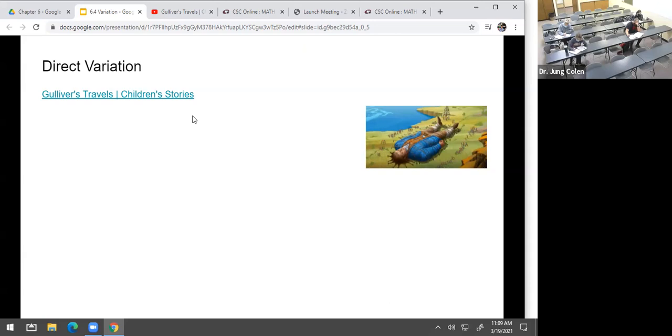This is showing direct variation, because if his thumb size goes up, his wrist size goes up as well with the same constant. And if his thumb size goes up, his neck size goes up, and his waist size goes up as well.